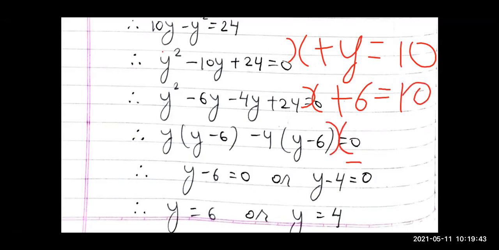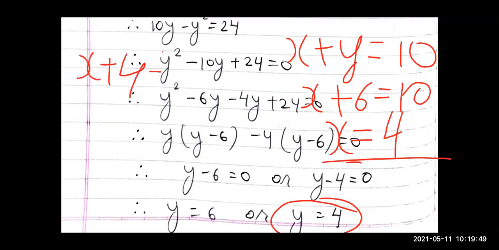Then X value will be 4, right? But when you substitute the value of Y as 4, then the value of X will be 6, right? So these are your two resistances possible. One is 4 ohm and the other value is 6 ohm. Got it, beta?